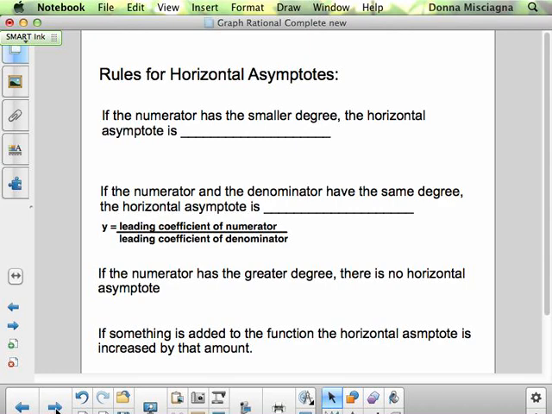All right, so we have some rules for finding horizontal asymptotes. If the numerator has the smaller degree, the horizontal asymptote is always going to be y equals 0.